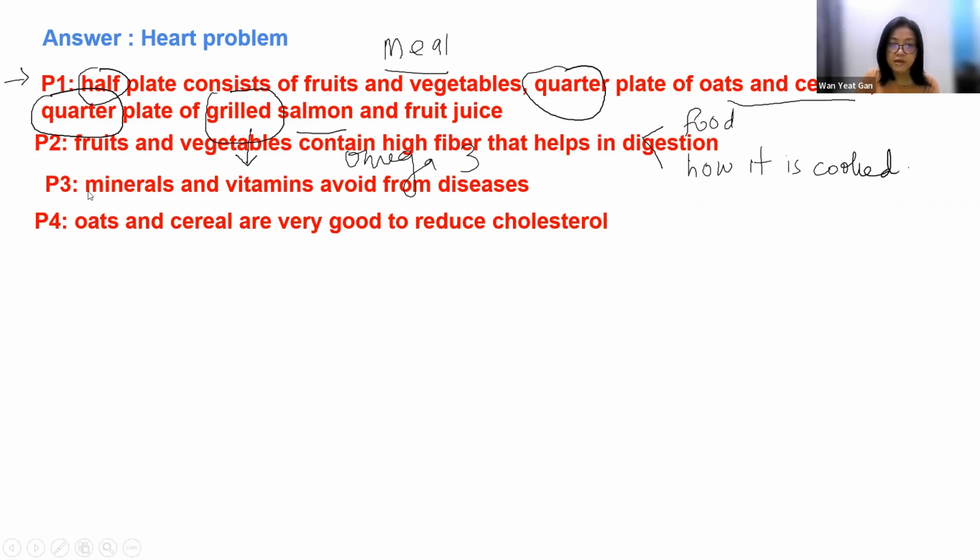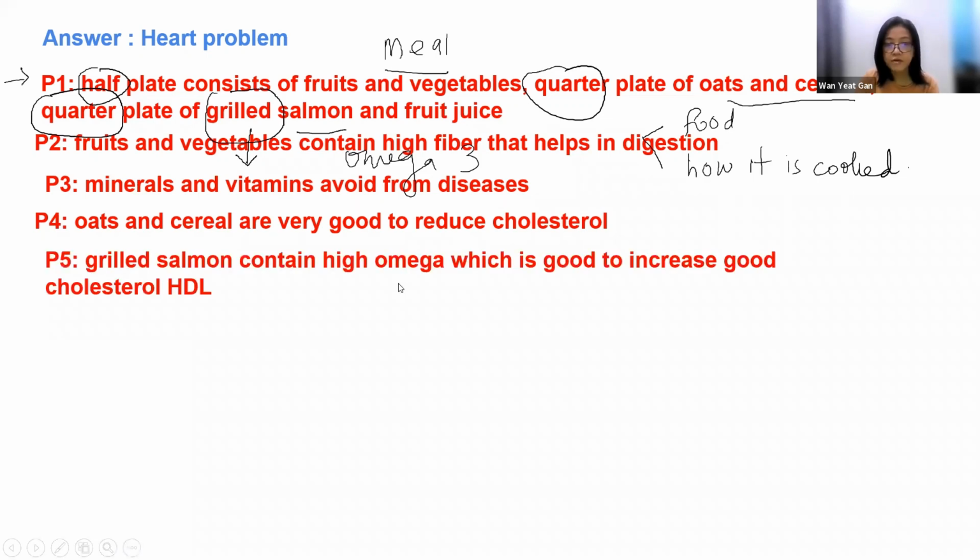Okay, so now you are giving the reason. Oats and cereal are very good to reduce cholesterol, and the grilled salmon contain high omega, which is good, providing omega-3, which is the good cholesterol. So you are providing good cholesterol to the patient.